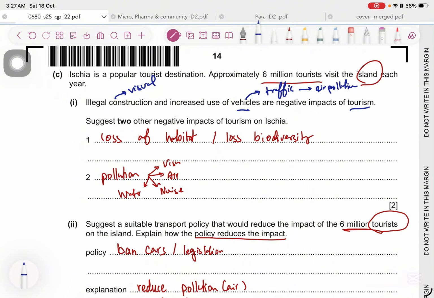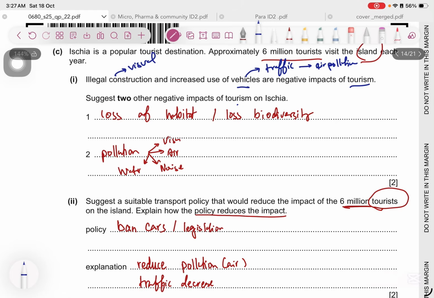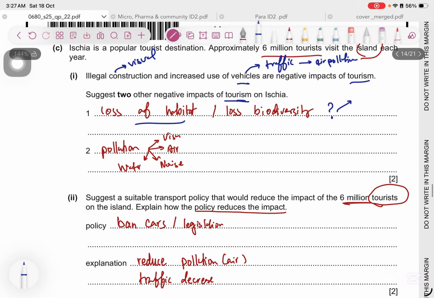Okay, so negative impacts of tourists. So just two other negative impacts of tourists. Loss of habitat. Why? Because we have to construct more hotels, more hospitals. Okay, entertainment, somewhere like clubs, like parks, like whatever interests the tourists, they have to make it.